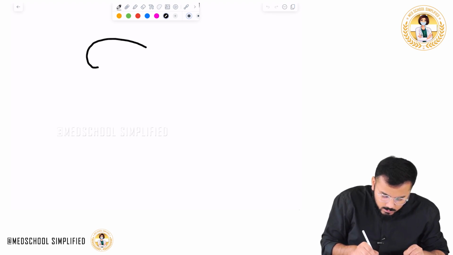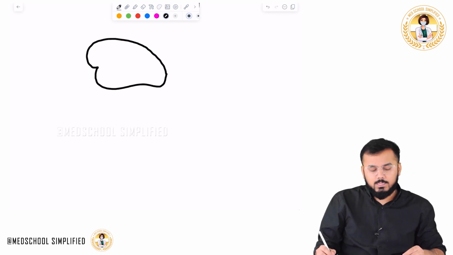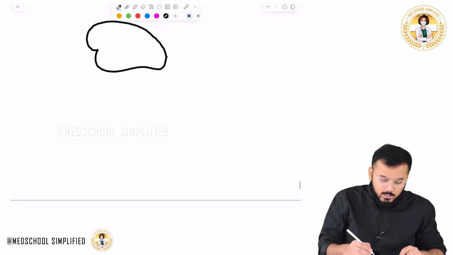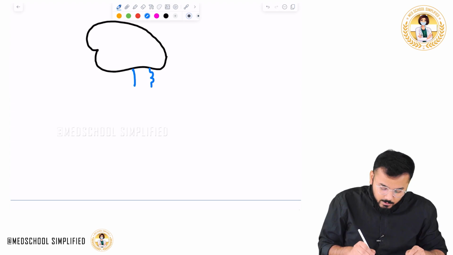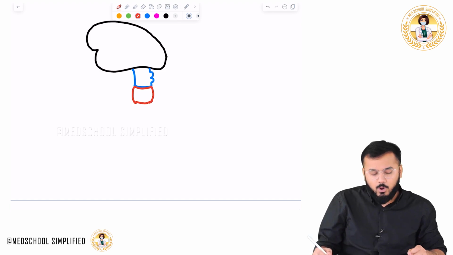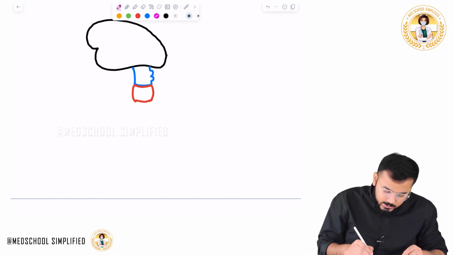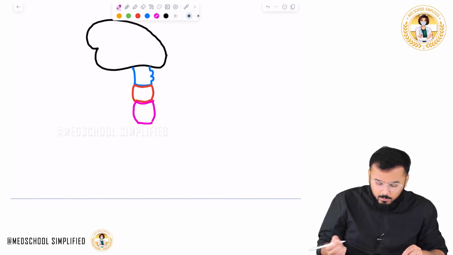All of you know that this is your cerebral cortex from the lateral side, and after that here you have got your midbrain. This is your midbrain. Now after your midbrain, the next important part is the pons. After this pons, the next important part is the medulla oblongata.